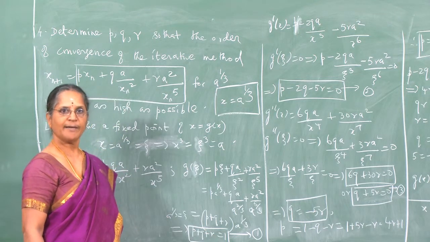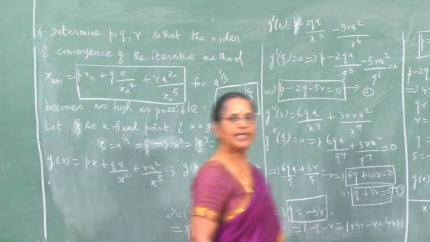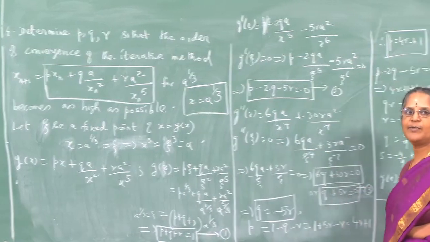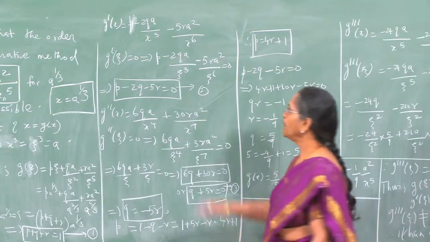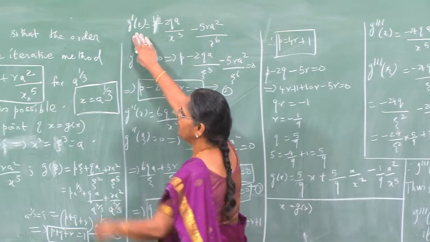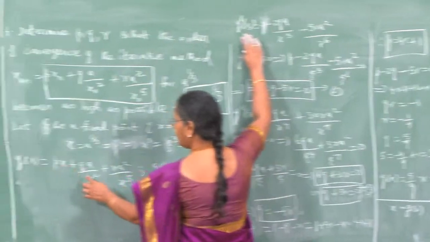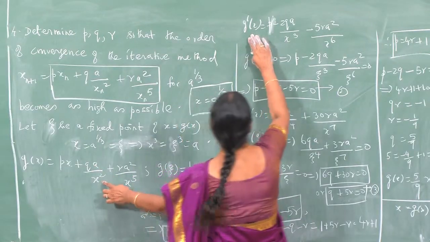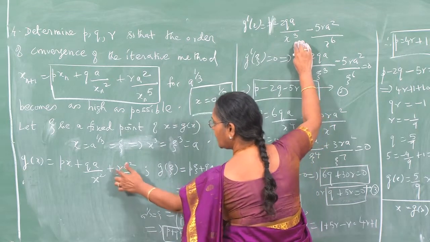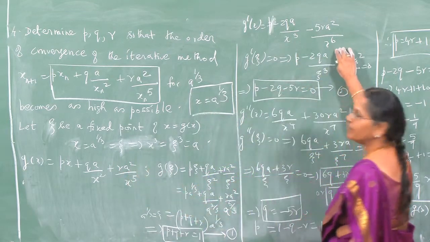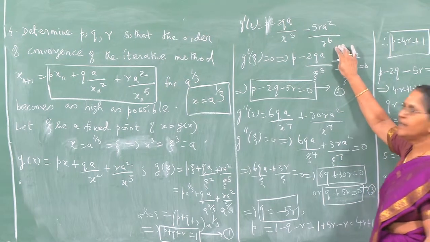Let us now compute g dashed of x and evaluate it at x is equal to psi. So, g dashed of x will be p then minus 2 q a by x cubed minus 5 r a square by x to the power of 6. Evaluate this at psi.